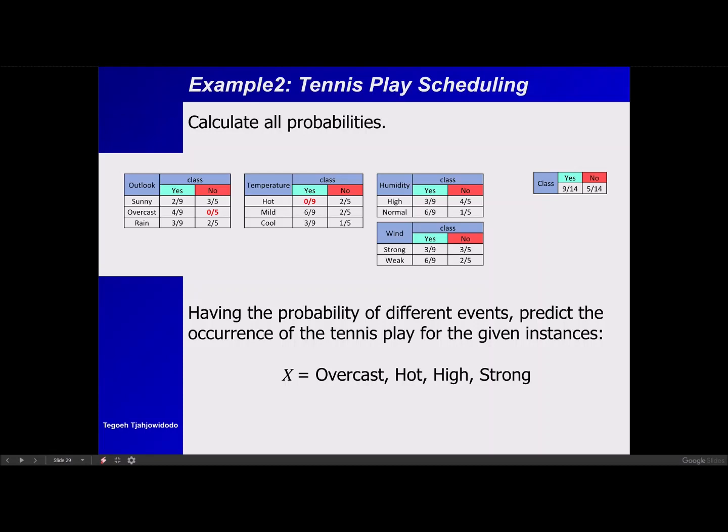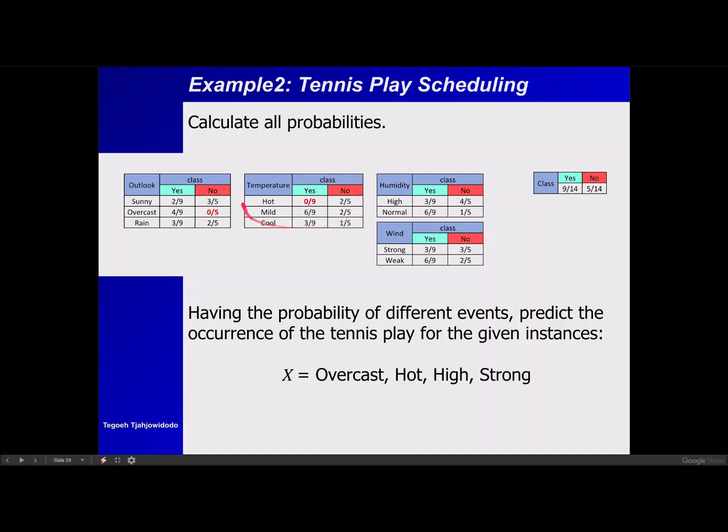No refers to when the tennis match is not played. So as you can see here, the first table indicates the probability whether the tennis match is played or not based on the outlook condition. There are three variables of outlook: sunny, overcast, and rain.